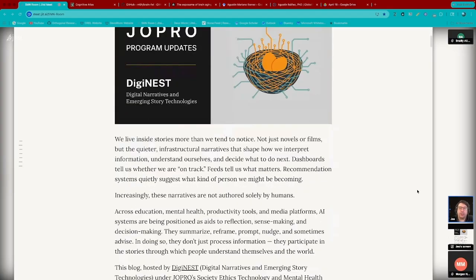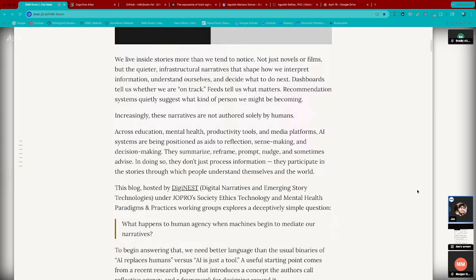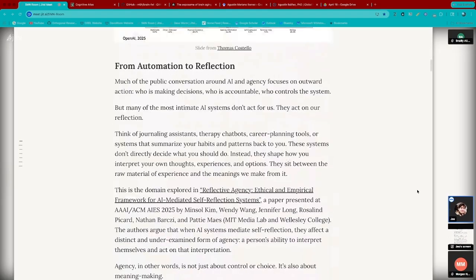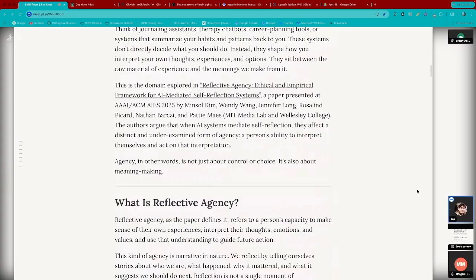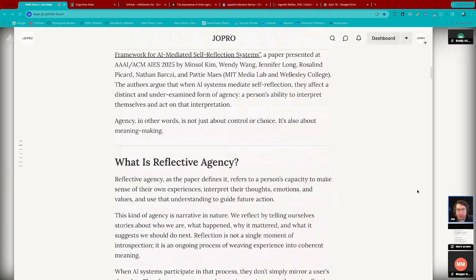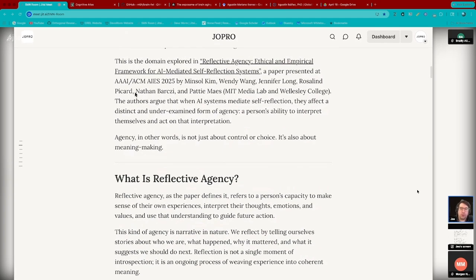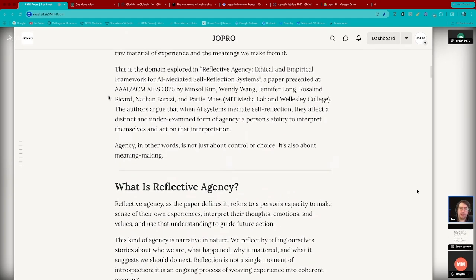So this post is sort of just talking about DigiNest at large. We talk a little about the reflective agency framework, which is a paper and a framework from MIT Media Lab. I forget if it's from Fluid Interfaces or where Min-Soo Kim's home base in the Media Lab is, but Patty Maes and Rosalind Picard are old school folks in that space.